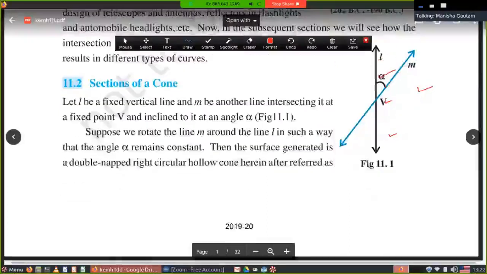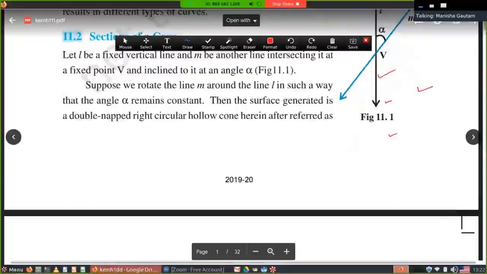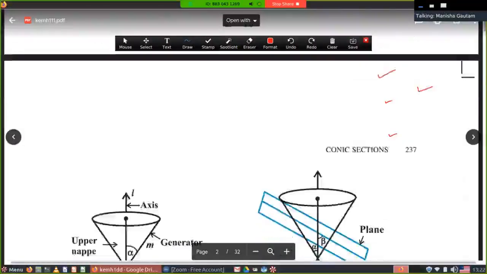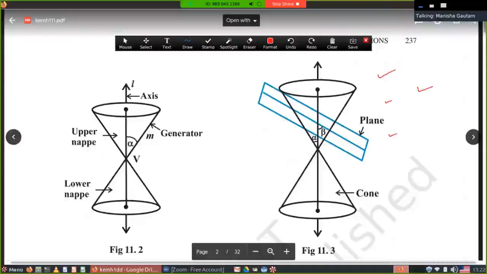You can see here in the figure, when we rotate this M line and L is fixed, then after generating this, you can see this will be a napped cone.